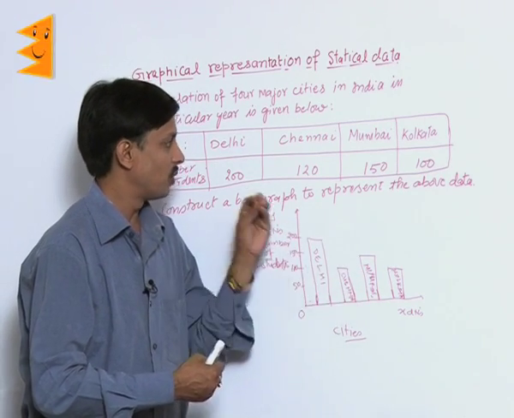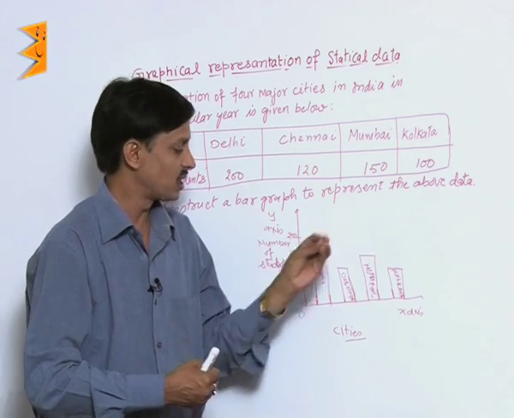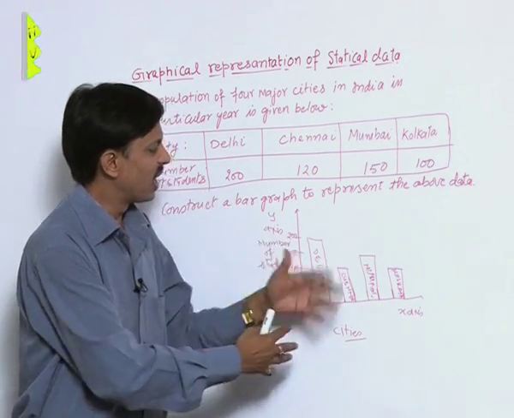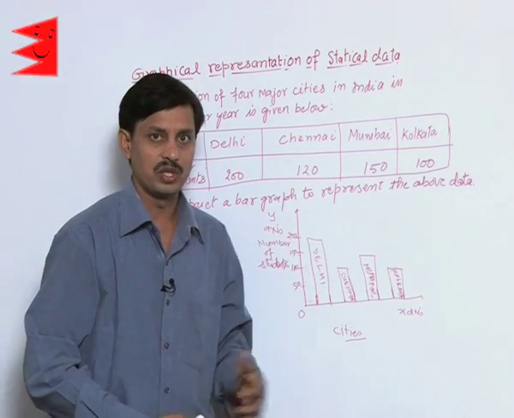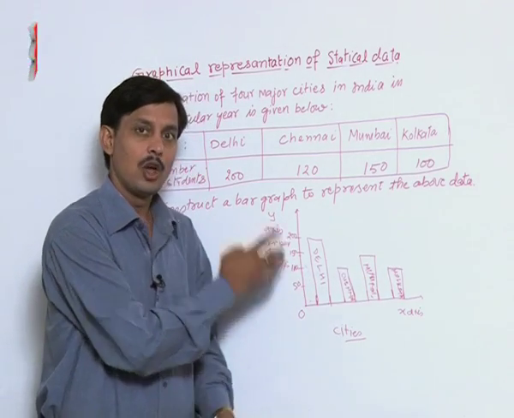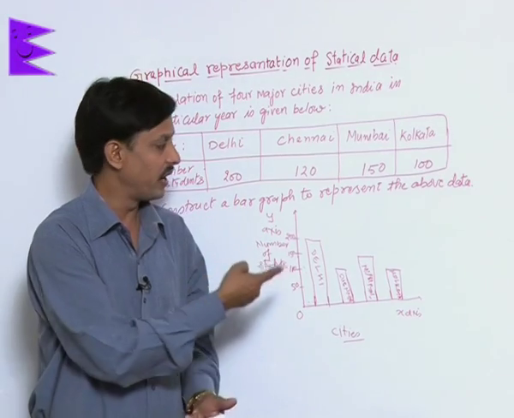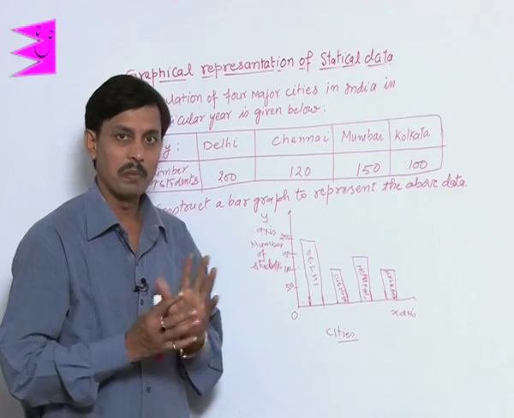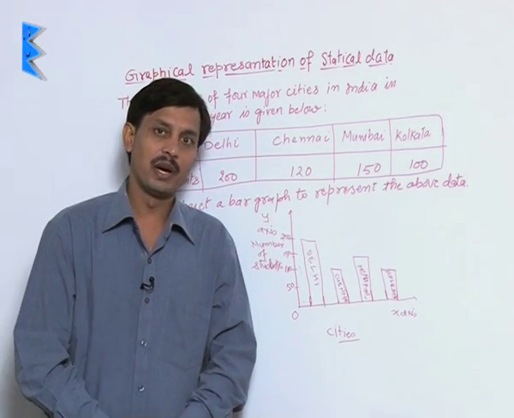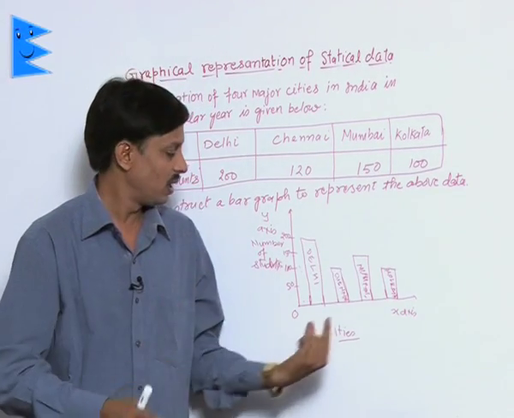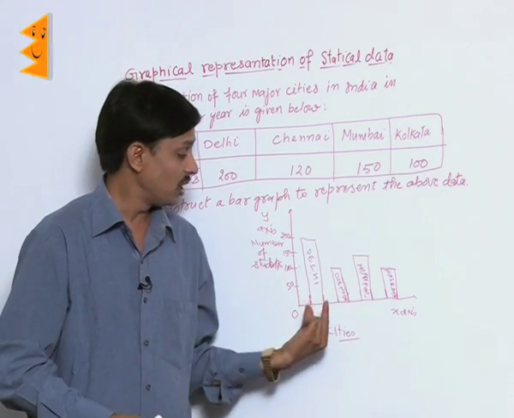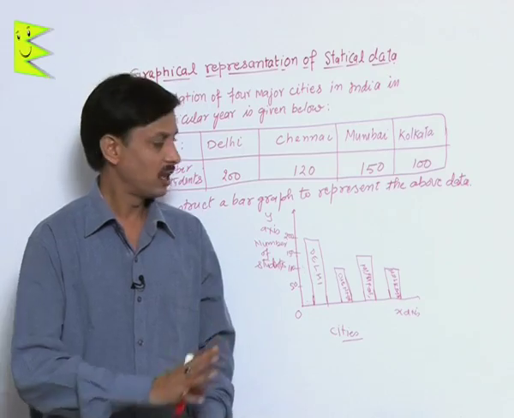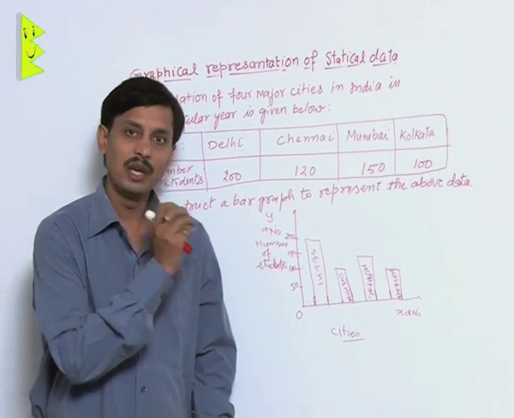So we can ask n number of questions if the bar graph is given, or, its reverse, as I did here: if the table or information is given, we can draw the bars. Always remember, we must maintain equal gap and equal width for the bars, so that a proper bar graph can be given.